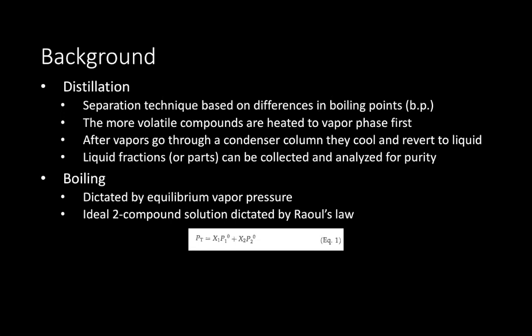That compound is going to be the compound that is first converted into the vapor phase due to the heat and energy transfer, which means that that would be the compound that would distill off first. The vapors of that compound will need to be converted back into liquid. They do that going through a condenser column, and ultimately the liquid will be collected and analyzed for purity.